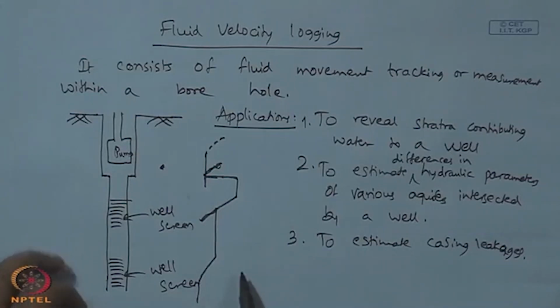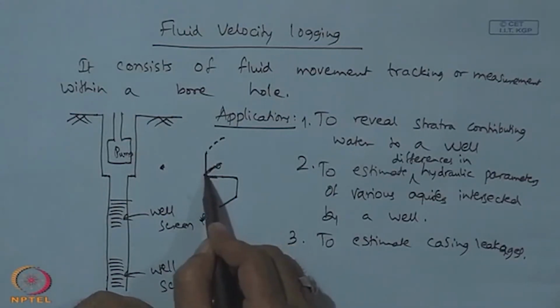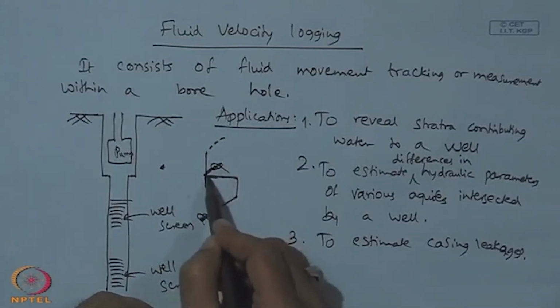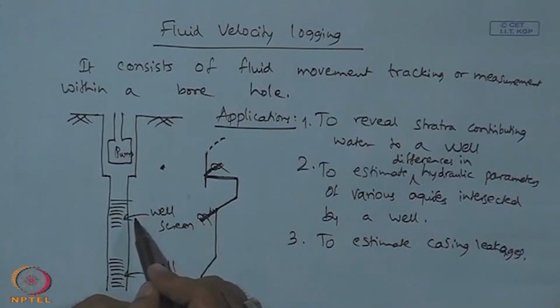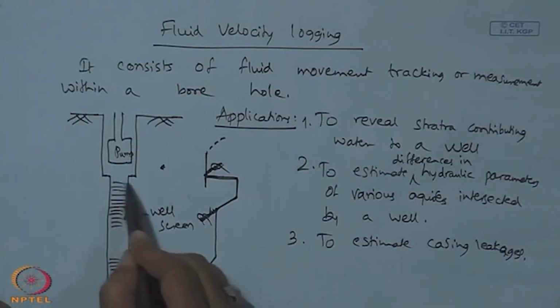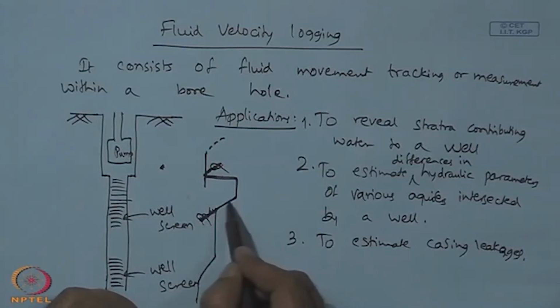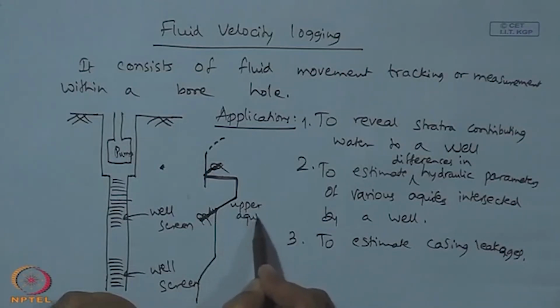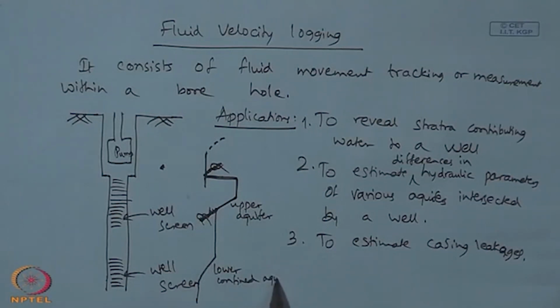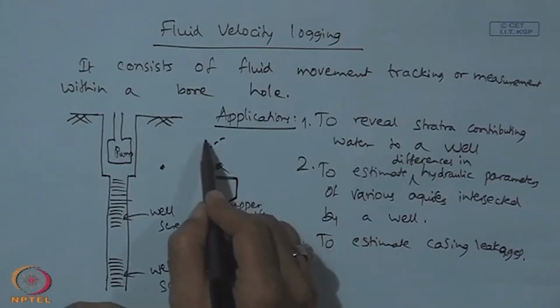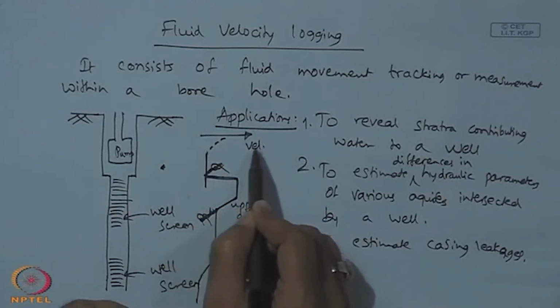So, this is a typical log. This indicates the upper aquifer, and this indicates the lower confined aquifer, and this is the velocity.